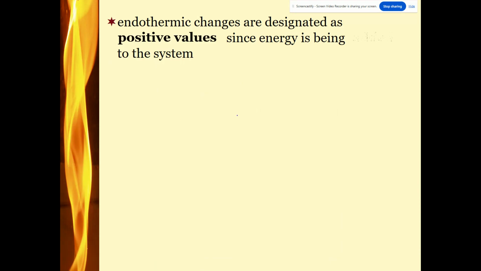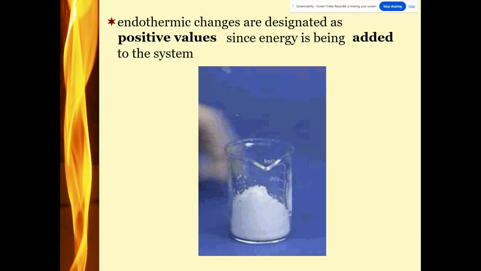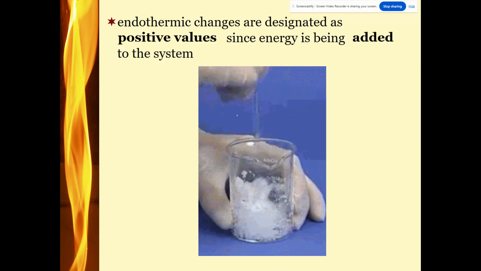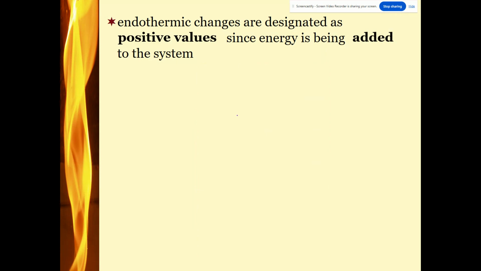Whereas, before that, important to note that when you have an endothermic change and you are writing the delta H of that reaction, it is going to be denoted as a positive energy change. Okay?